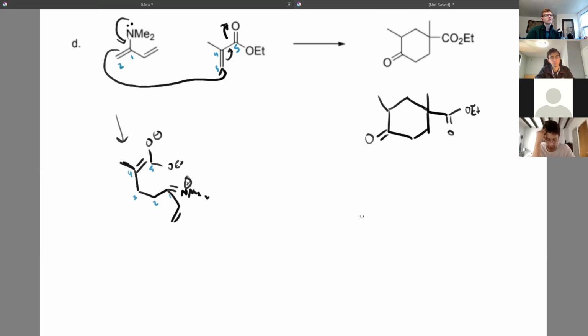Okay, and then also coming off this double bond, there's another. All right. So don't we just have to connect? So there's 1, 2, 3, 4, 5. So we just need a cyclohexane.